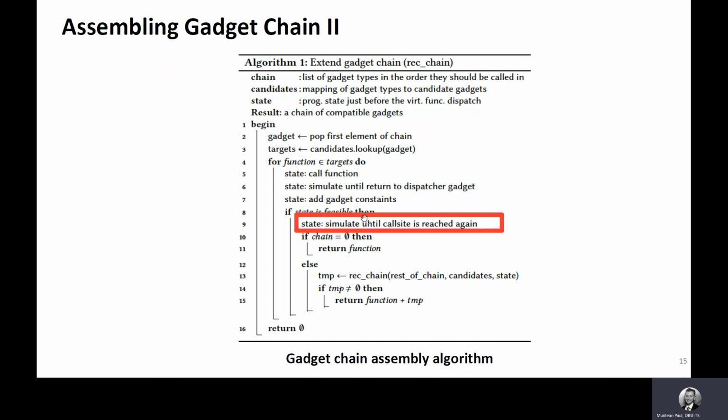If the state here is feasible, then we simulate until the call site is reached again. In this way, we determine, by traversing the nodes in the virtual table hierarchy, if functions and nodes can be added to this gadget chain. If the simulation succeeds, we add them, else they are not added to this gadget chain.